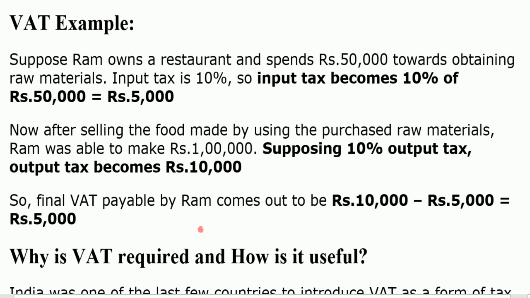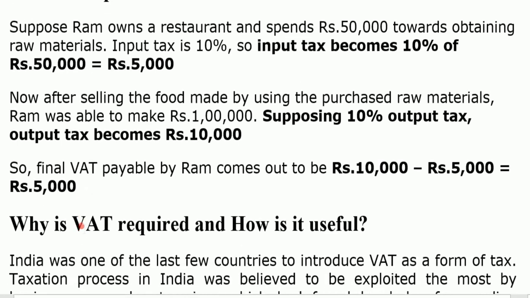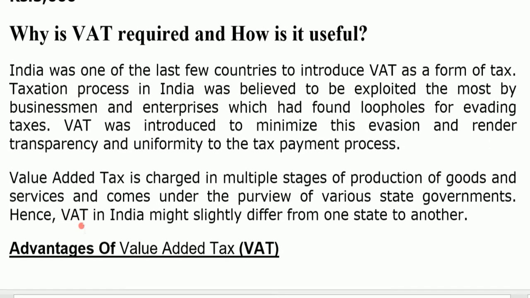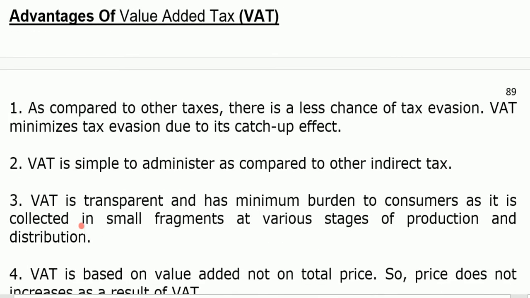Supposing 10% output tax, it becomes rupees 10,000. So the final VAT payable by Ram comes out to be rupees 10,000 minus 5,000, that is equal to 5,000. That means he has to pay 5,000 to the government.